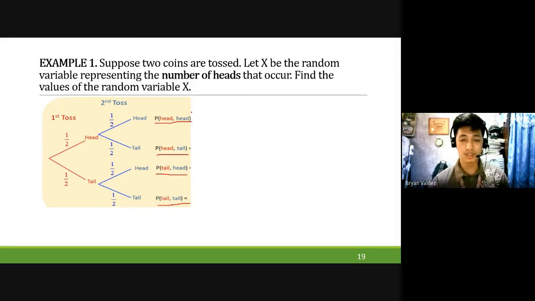So, lahat ng possible outcomes na to ay ilalagay natin sa loob ng isang sample space. So, ito na siya: head, head, and head, tail, and tail, head, tail, tail. Okay? So, yung sample space, ito yung naglalaman ng all possible outcomes. Okay?